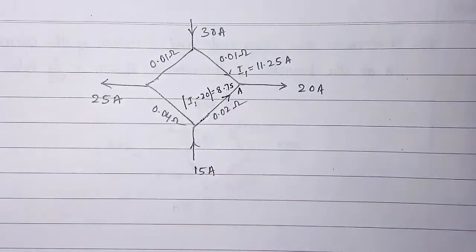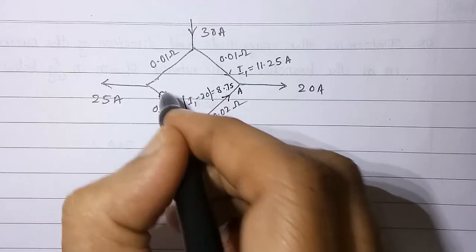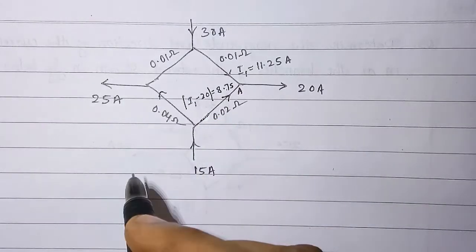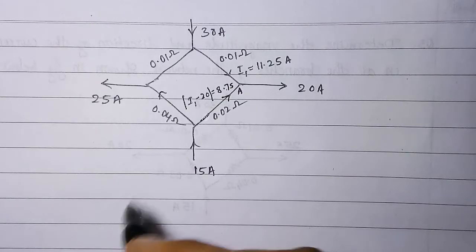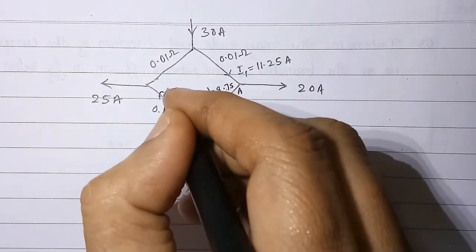A is the unit of current here, that is ampere, and the current here will be I1 minus 5 ampere, that is 11.25 minus 5, 6.25.